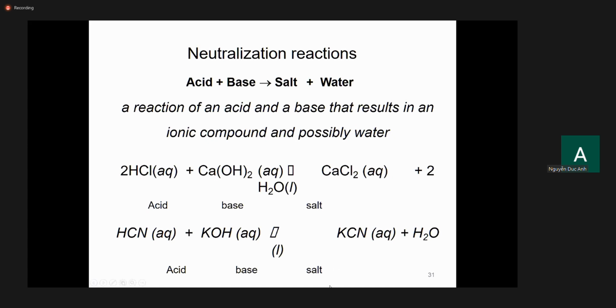The next one is neutralization reactions. A neutralization reaction is a process in which the acid and base react together and form water and a salt, right?